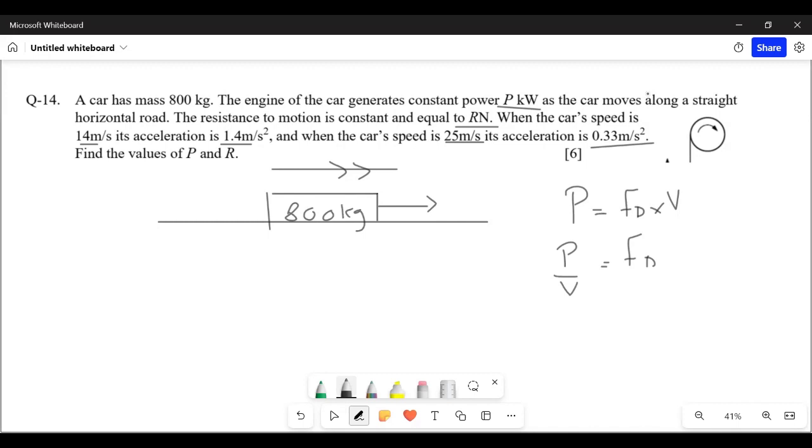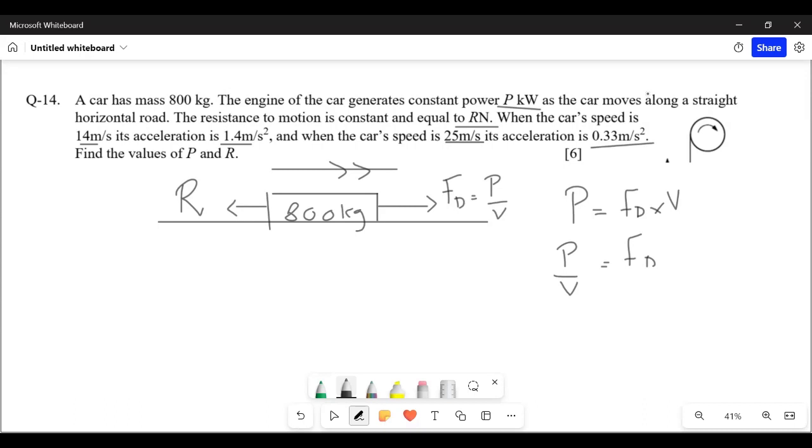So the driving force is power over speed, and the resistance to the motion is R. R here is resistance, not the normal contact force. So when this car speed is 14, the acceleration is 1.4. And when the car speed is 25, the acceleration is 0.33. Find the values of P and R.